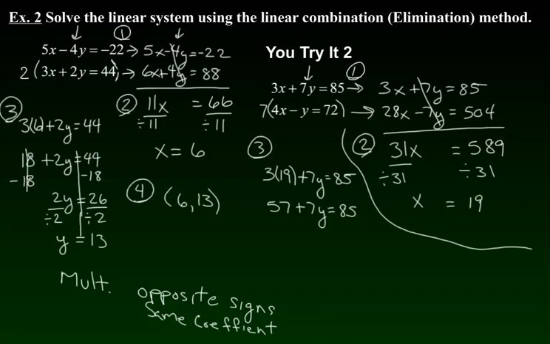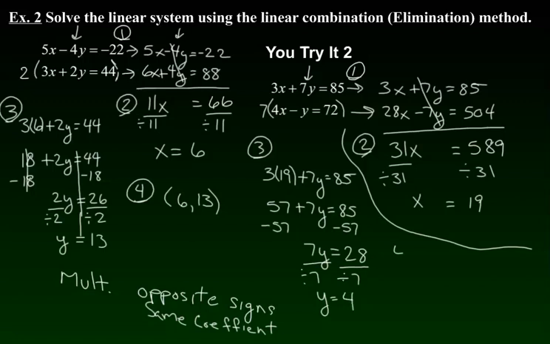Then we have to subtract 57 from both sides. So we get 7y equals 28. We're then going to divide by 7. And we get y equals 4.